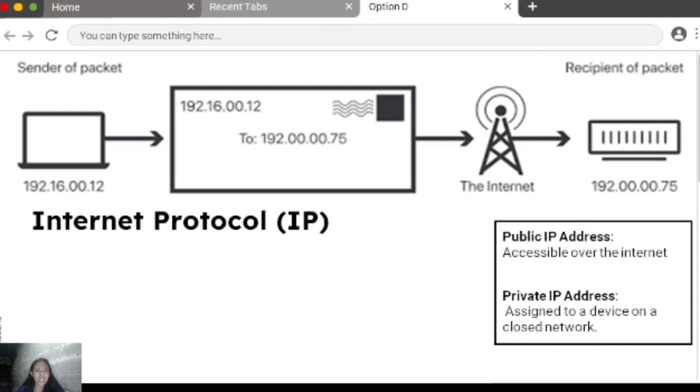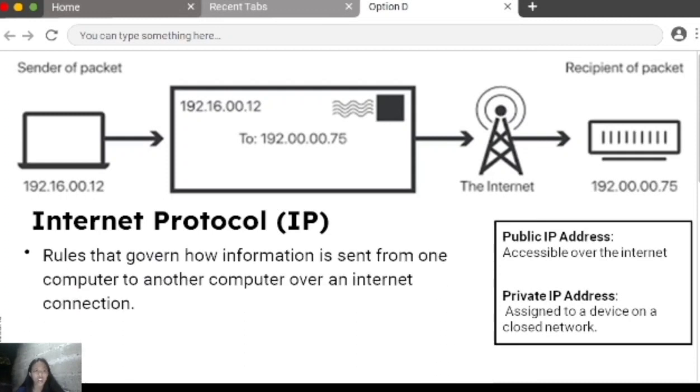So what is the internet protocol? The internet protocol is the set of rules that govern how information is sent from one computer to another over an internet connection. It also specifies how computers should send information, by sending data with an attached numerical address, or the IP address.